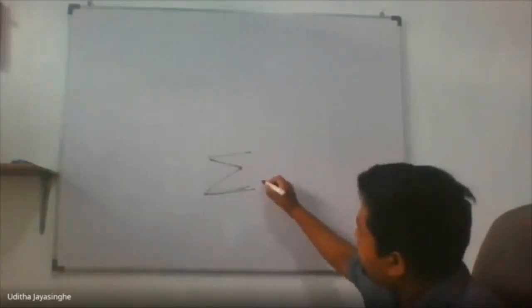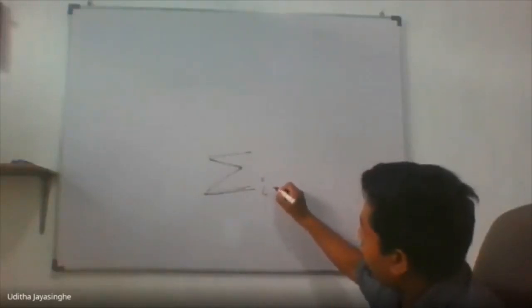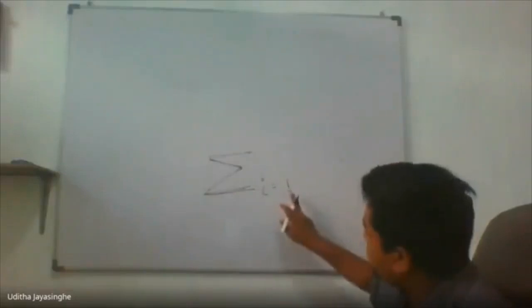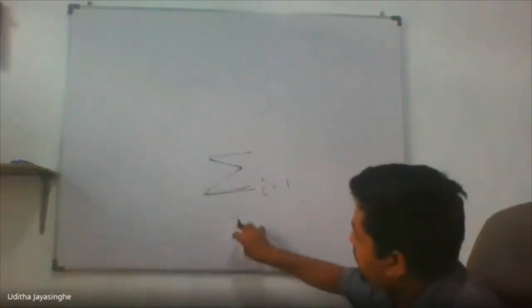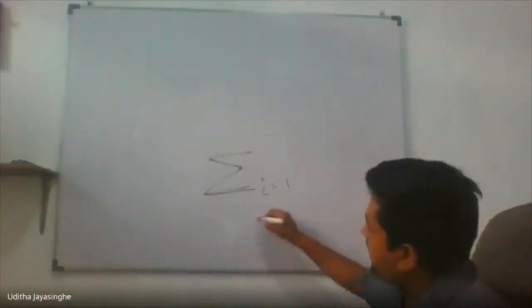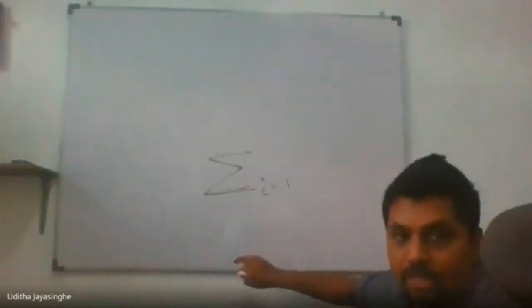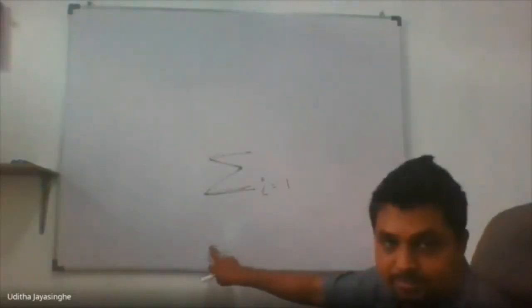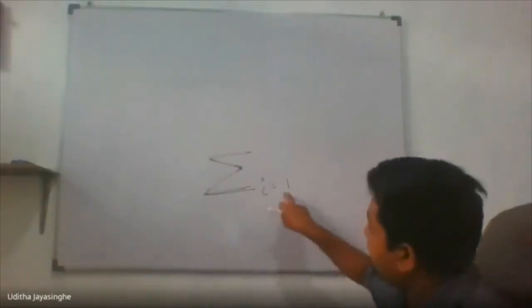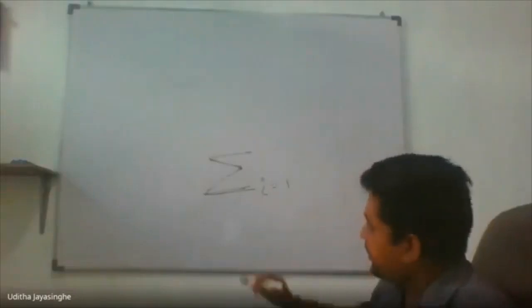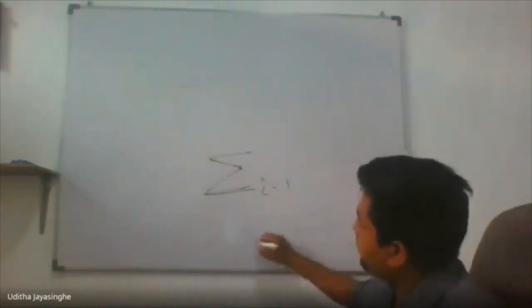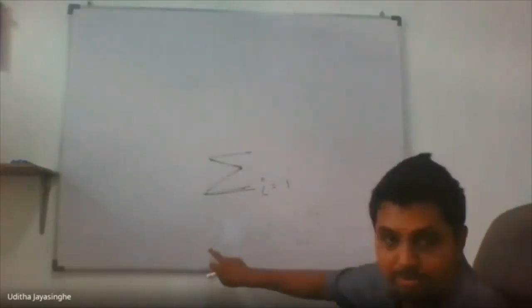When I say i is equal to 1, it's going to give an indication, okay, the number of points that I'm going to add for this sigma, I'm going to start from the first item. If I say i equals 2 to n, it is going to give you an indication, okay, I have to omit the first number.